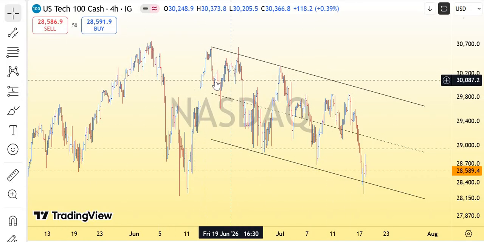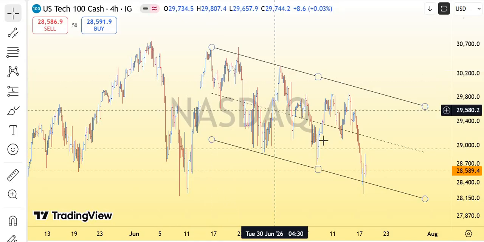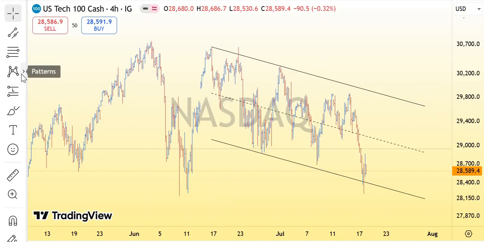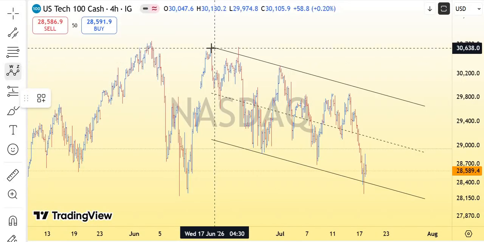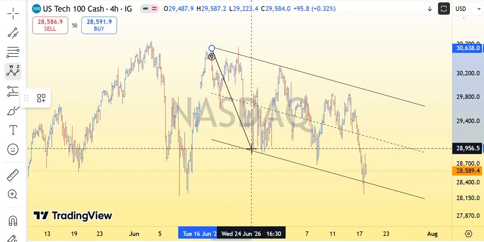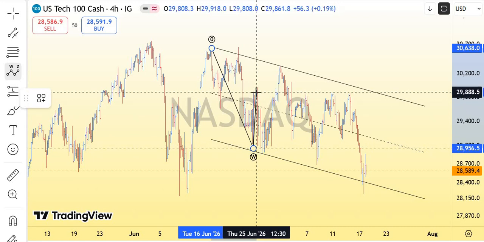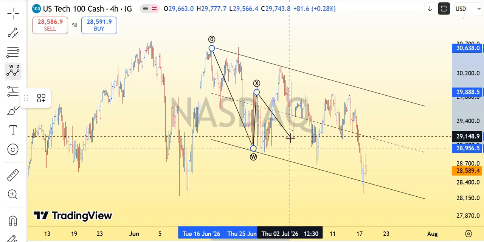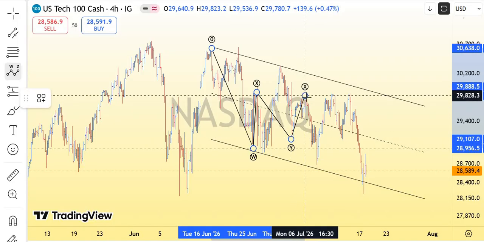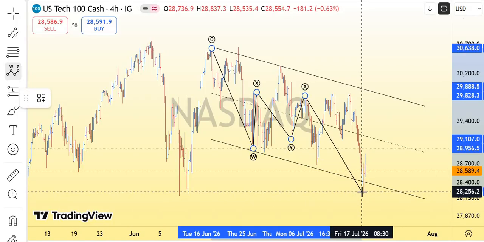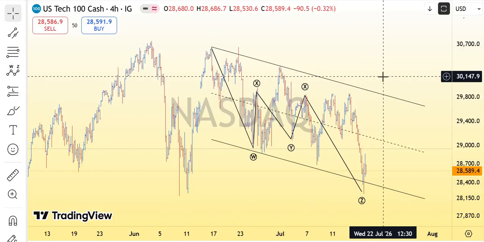Okay, so those who know Elliott Wave, it seems that this is a corrective price action. This is not impulsive. So if it is corrective, I'll go with this as the starting point, and this seems to be the W, this is X, this is Y, this is again X, and we are into the Z wave, right?